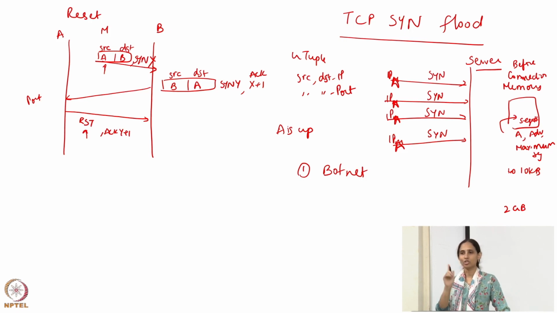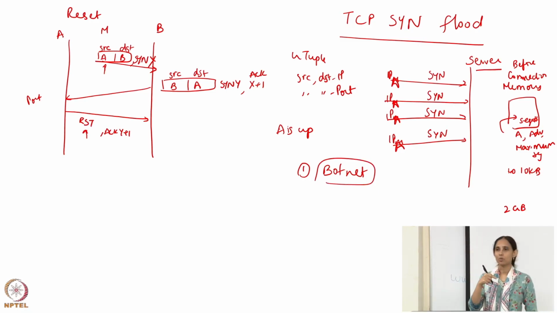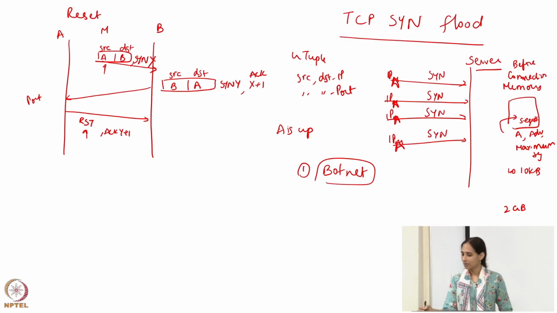That way you do not have to stick with one IP address, because sticking with one IP address means it will be filtered out. Second, because this botnet is under your control, when you get the SYNACK in response, you just ignore it and drop that particular packet. That way this memory will stay alive until you get the third ACK.